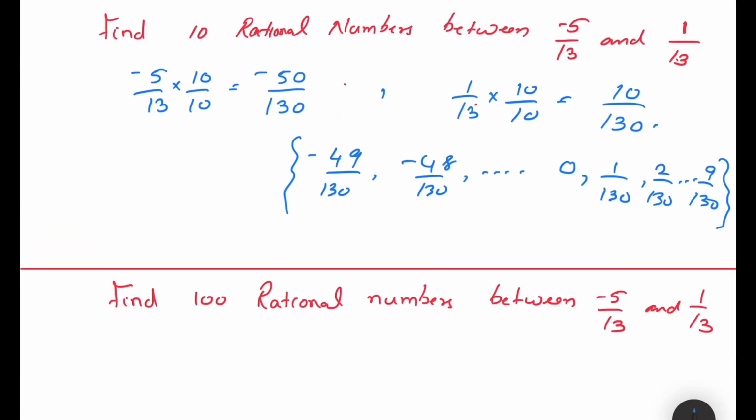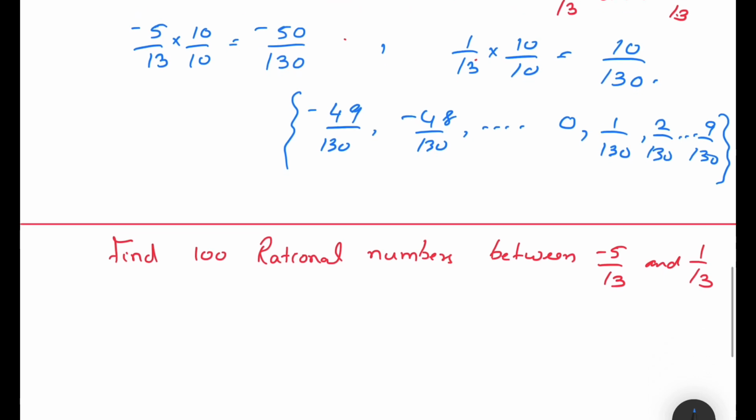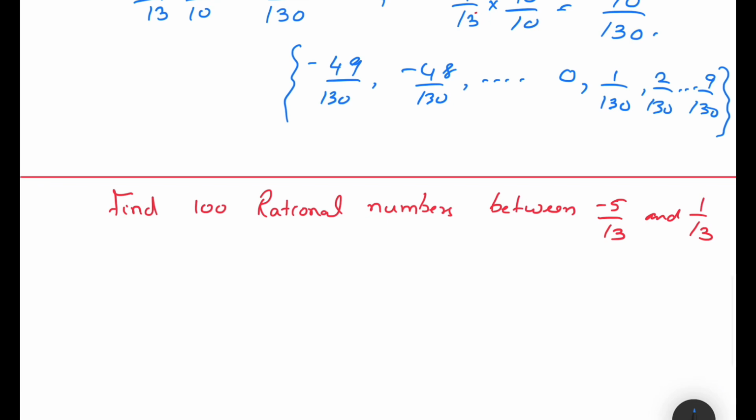Suppose you have to find 100 rational numbers in the same question. You have to multiply by a larger number. Here, from minus 50 to 10, you will be getting only about 59 numbers. So we will multiply minus 5 by 13 into 100 by 100, which gives minus 500 by 1300.